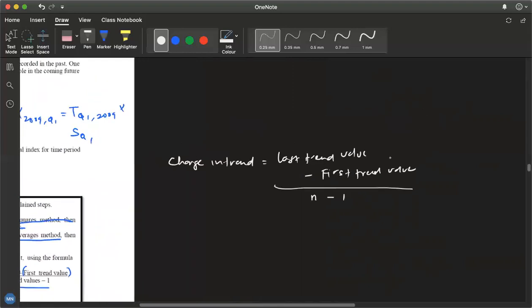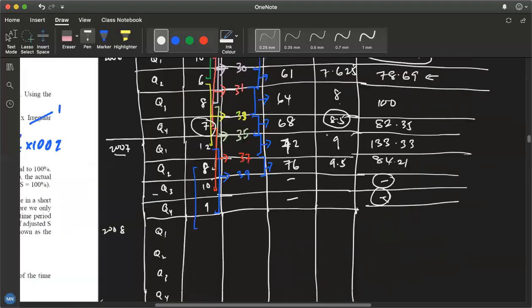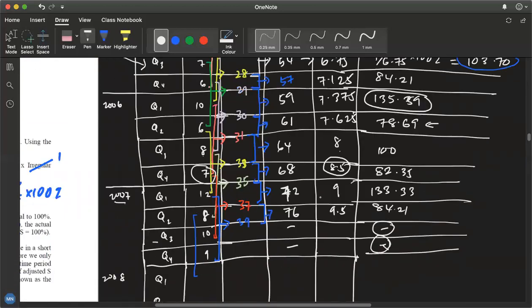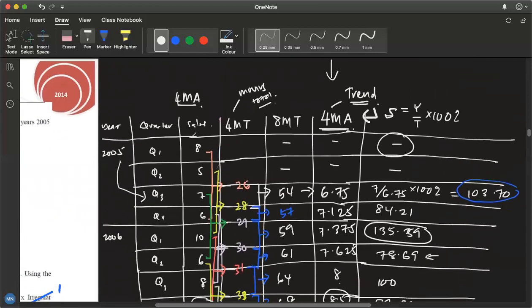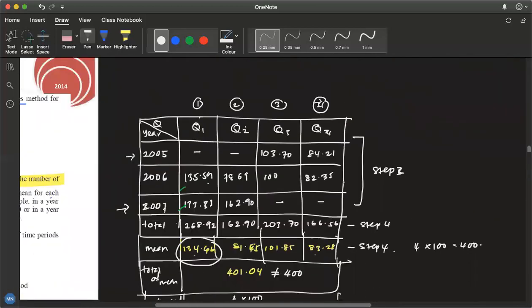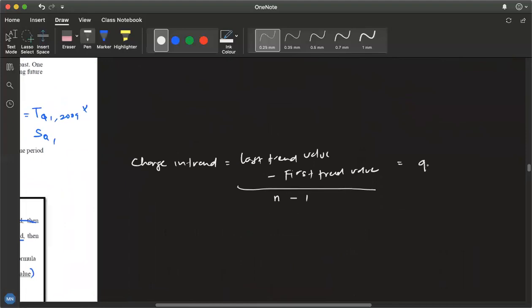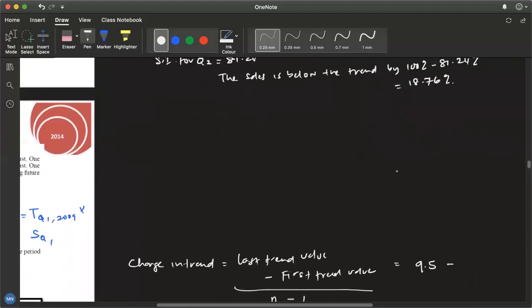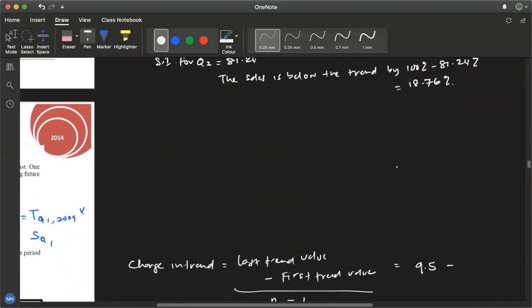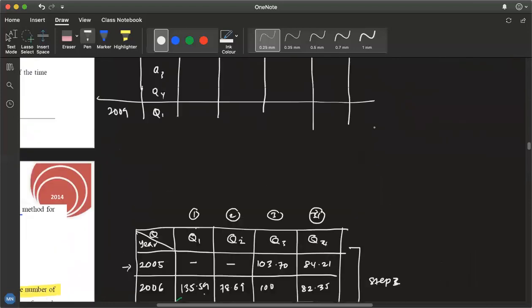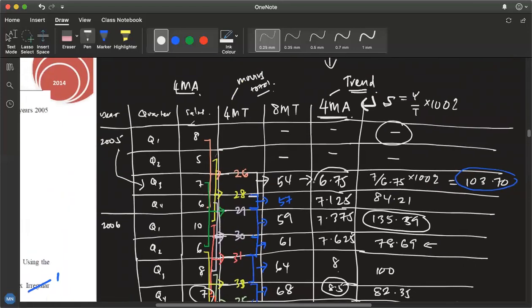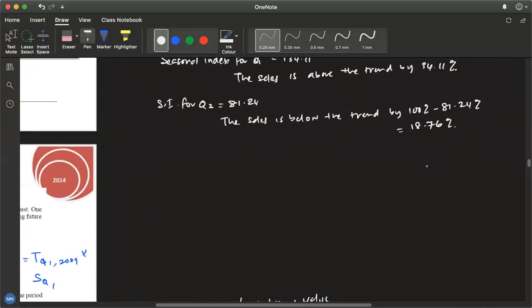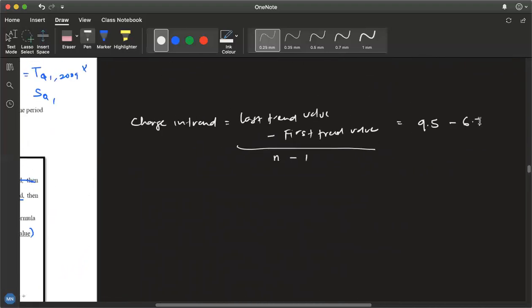The last trend value, we look at the original table. The last trend value is 9.5, in the trend column for moving average. So the last trend value is 9.5 minus the first trend value, 6.75, divided by the number of trend values.